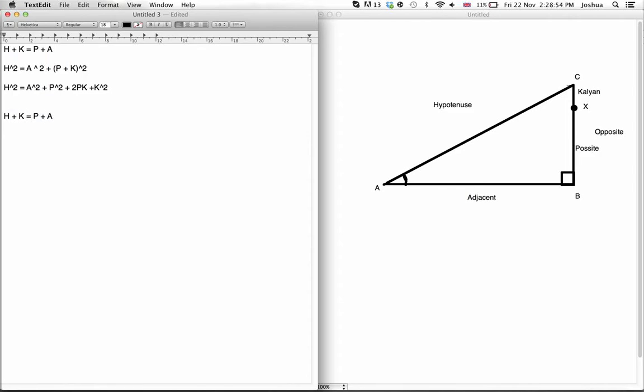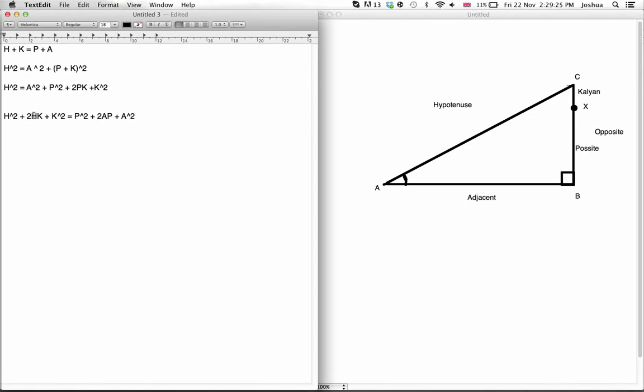So you get h squared plus 2hk. Square this one as well. And then you can get p squared plus 2ap and a squared. That looks okay.